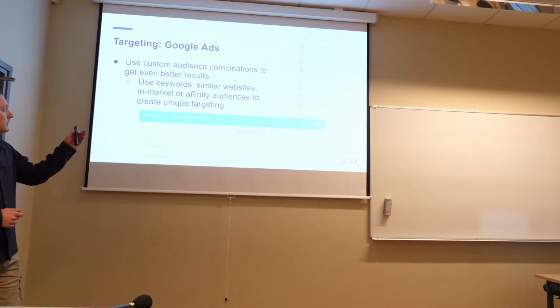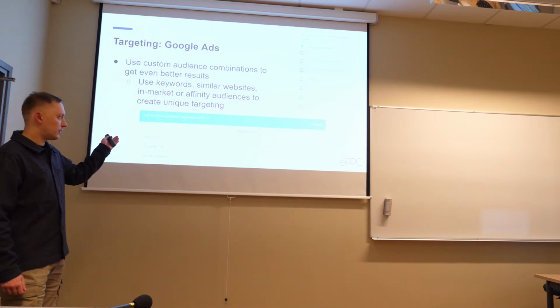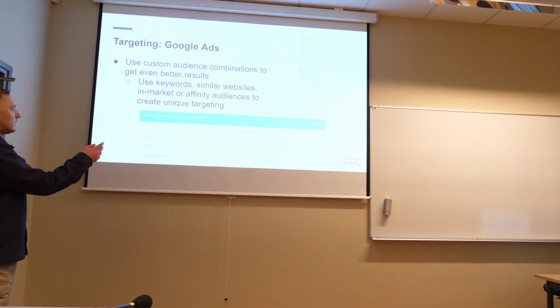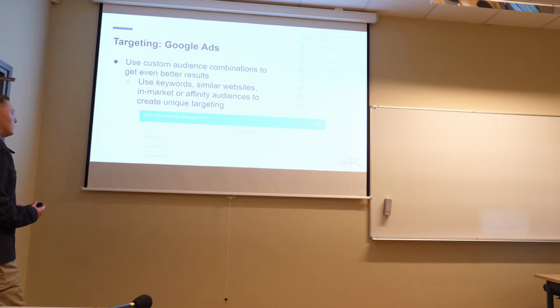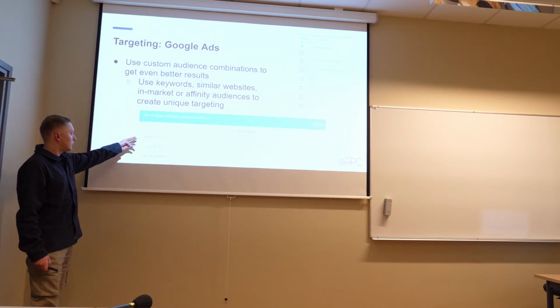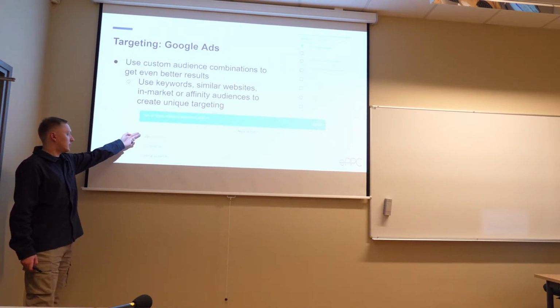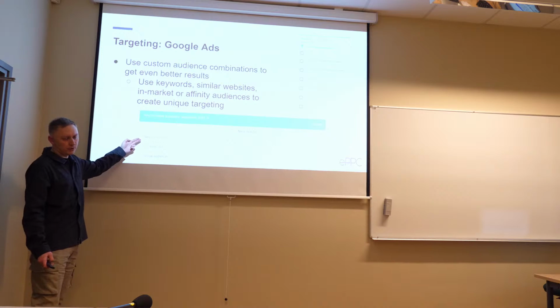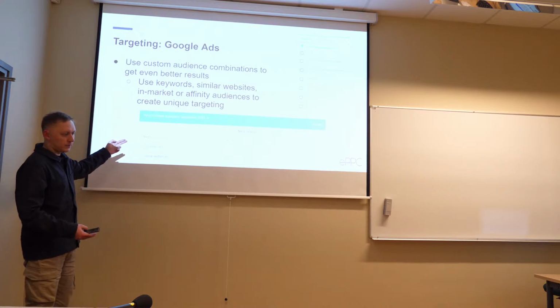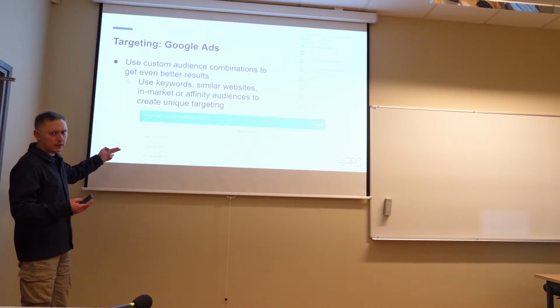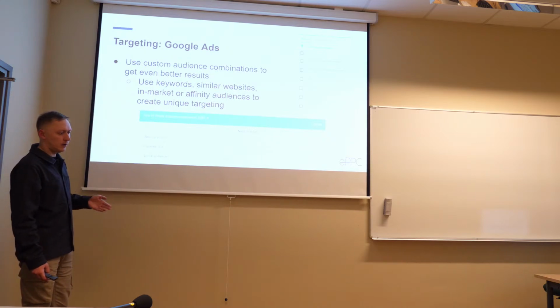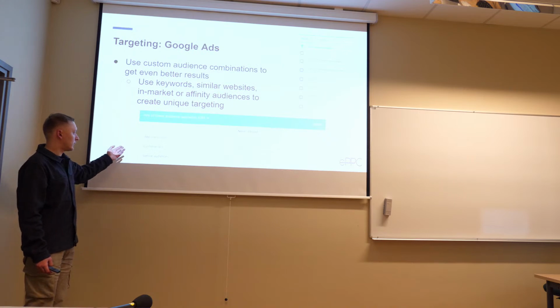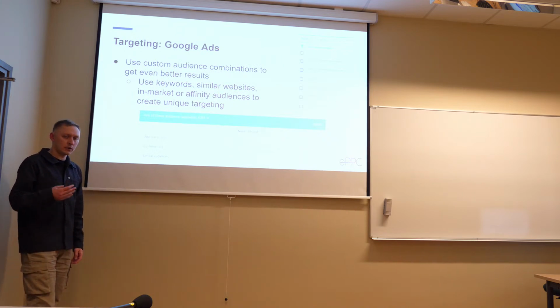Now, this is an example of custom audiences and how to create them. You choose website visitors, you choose your customer list that you can upload to Google from your online store's backend. If you have customers that have purchased something and left you their email, then you can upload it to Google and target these people.